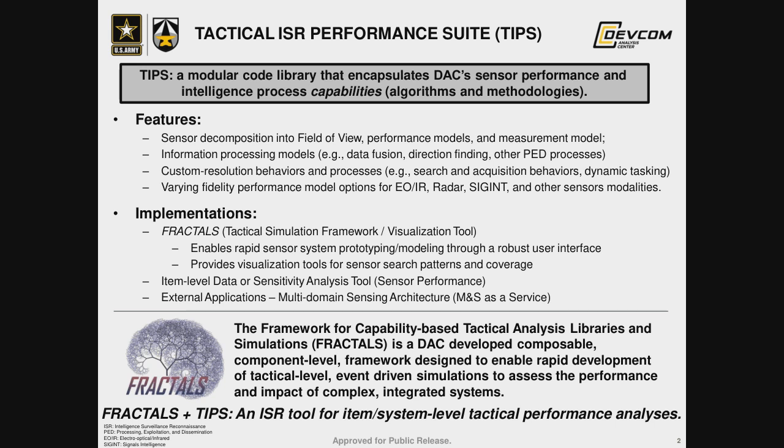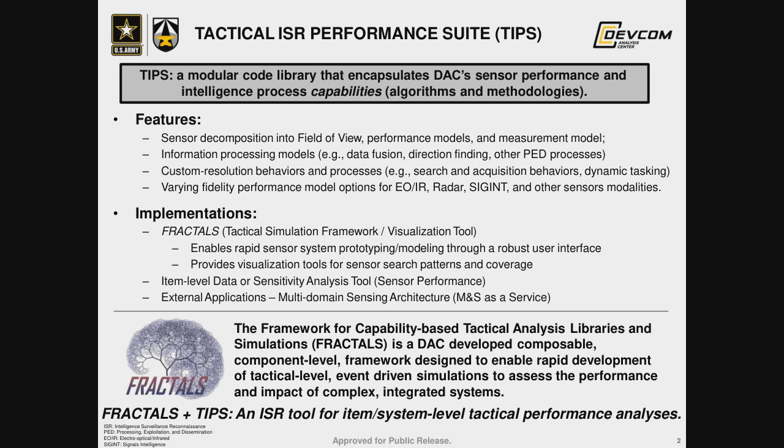So really, we're grouping all those three together to form what the sensor is capable of doing. We also have information processing models within TIPS, so things like data fusion, direction finding, and other processing, exploitation, dissemination processes, or PED.